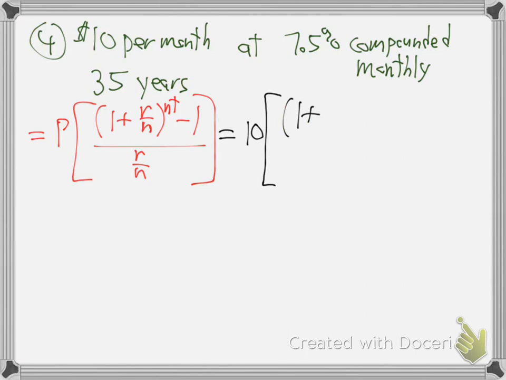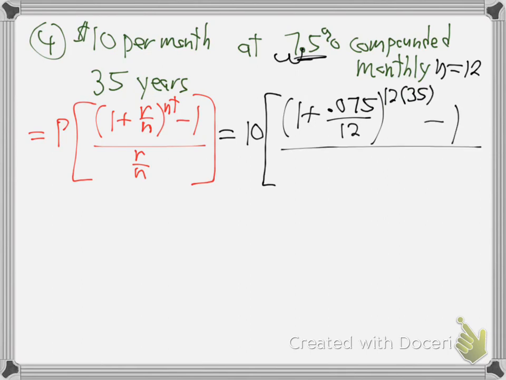And 1 plus R over N. This is the interest rate. Move the decimal back 2 places. 0.075 over N. N is 12, isn't it? Monthly. N is 12. So this is 12 times 35. Yeah, minus 1 all over 0.075 over 12. So a little messier with the 12 in there.